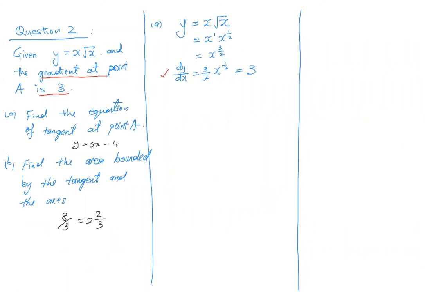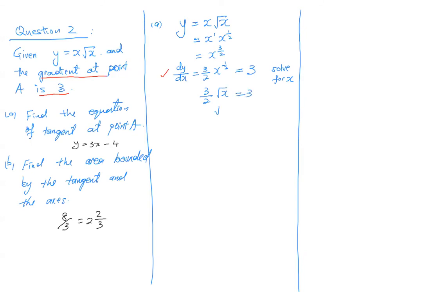So now the variable is x, the unknown is x. So you have to solve for x now. That will be the x coordinate for A. So why you blur? Look, 3 over 2 power half means square root of x is equal to 3.